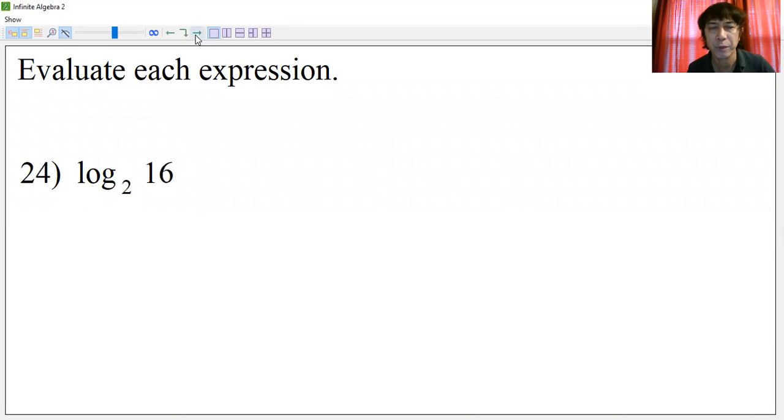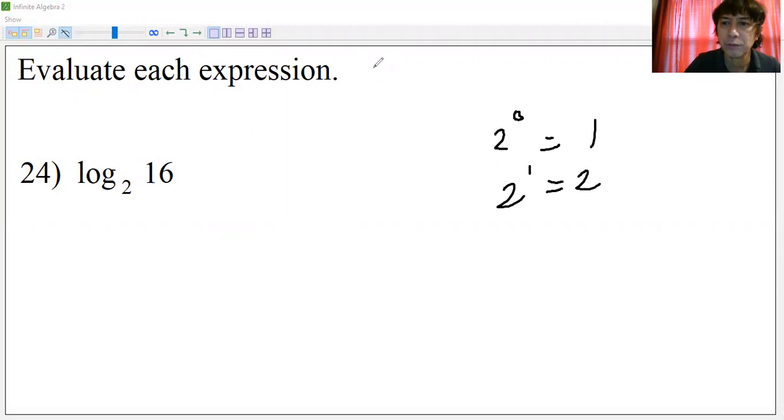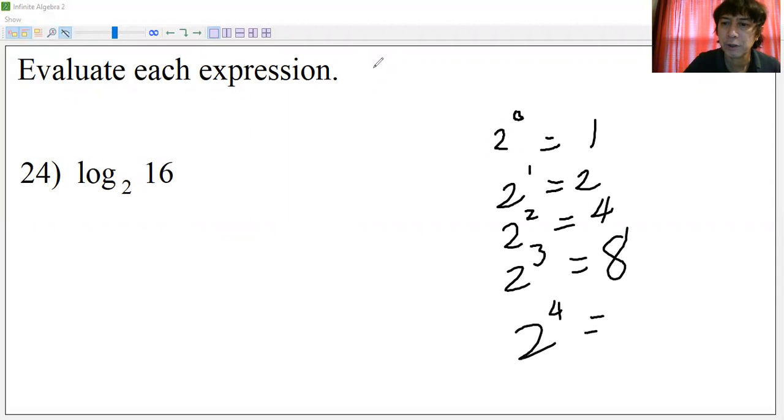And we shall express 16 as 2 to the 4th power. Using powers of 2, you shall recall the table for 2. 2 to the 0, that's 1. 2 to the 1 is 2. 2 to the 2 is 4. 2 to the 3 is 8. 2 to the 4 is 16, and so forth and so on.